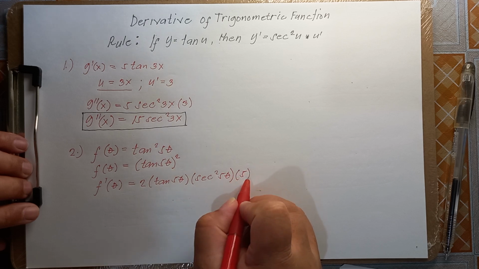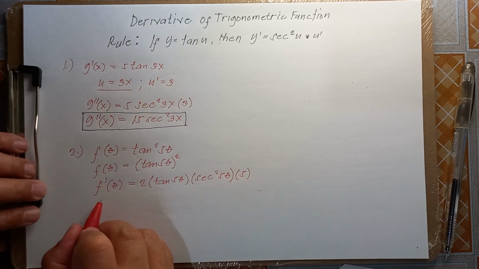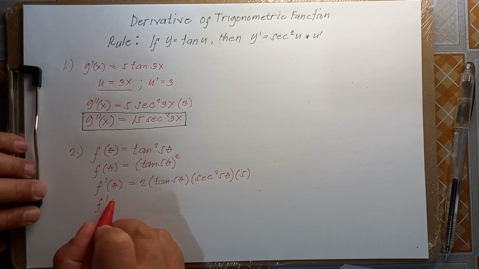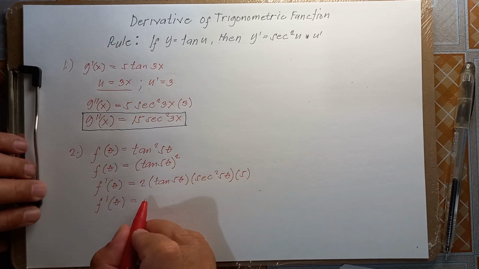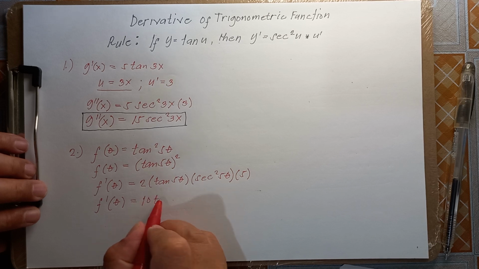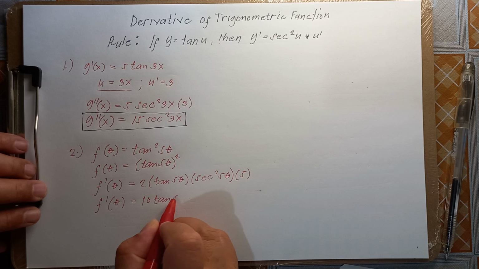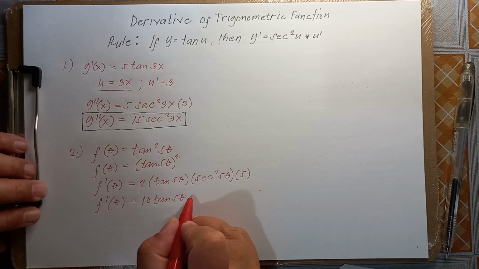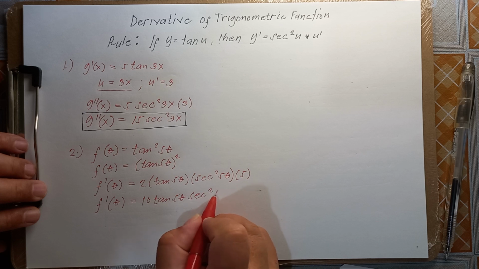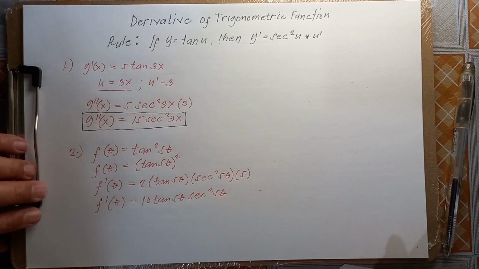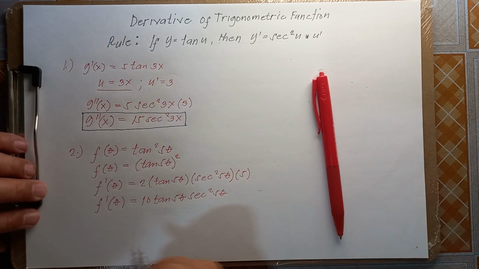Our final result would be f prime of theta, multiplying these together, is the same as 10 tangent 5 theta secant squared 5 theta. Okay, so that is the derivative.